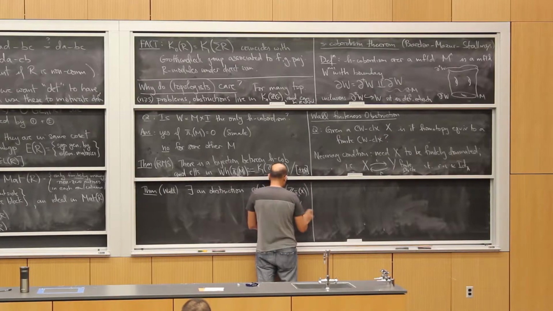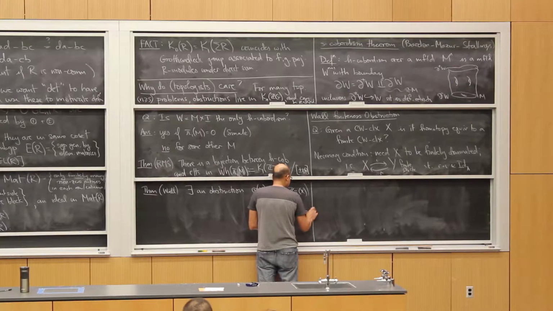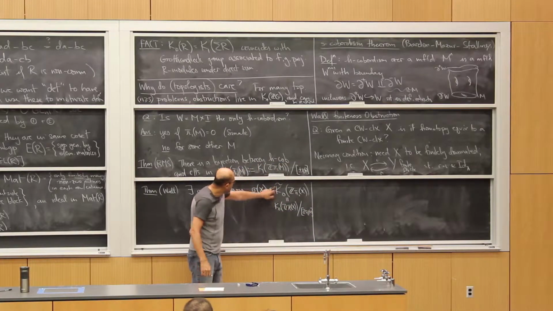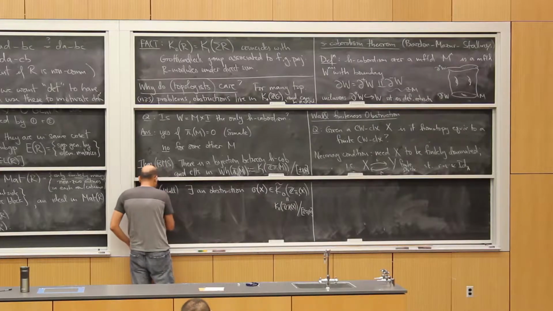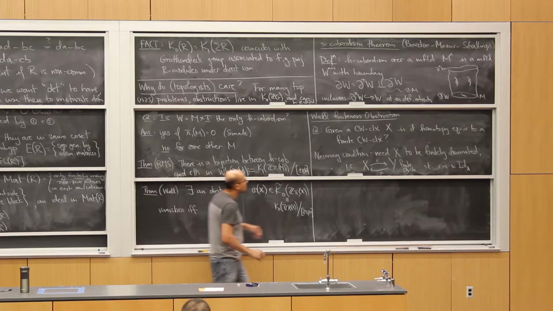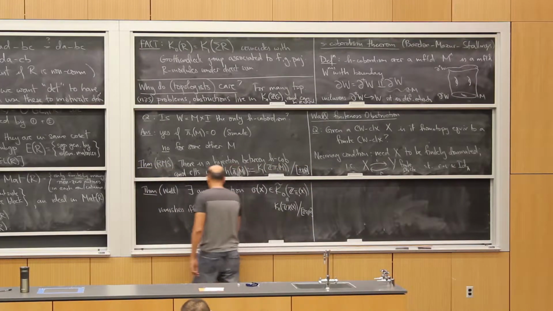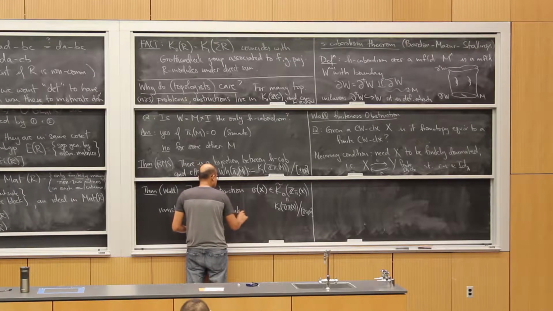This is quotiented out by the class represented by Z pi_1 X. If you throw that out, what you get is this reduced K0. And this obstruction vanishes if and only if X is homotopy equivalent to some finite CW complex.